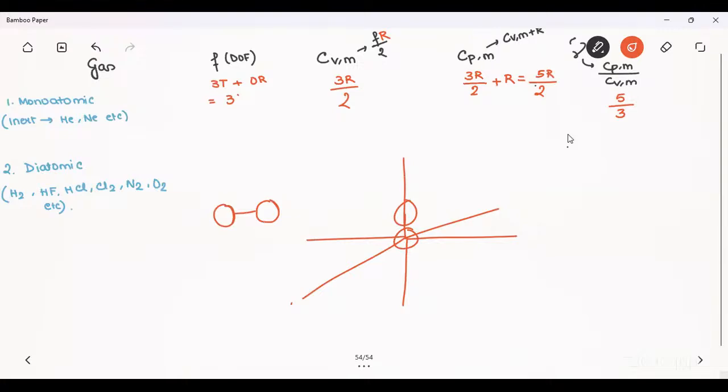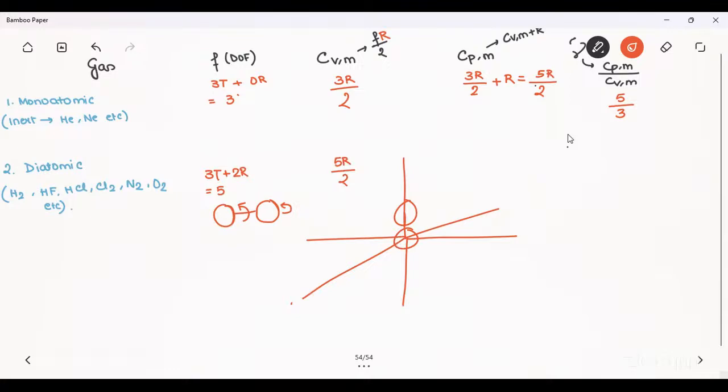So there will be 3 translational. And since these 2 atoms are bonded, they can move like this, or this bond can go up and down. Either they can move like this, or like this. So there are 2 rotational. So total there are 5 movements.